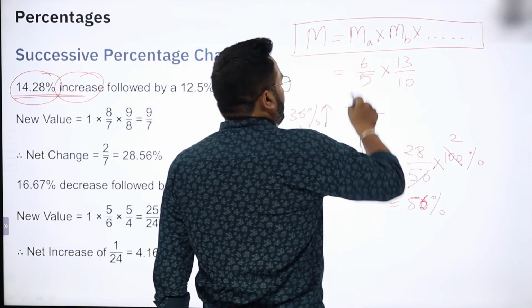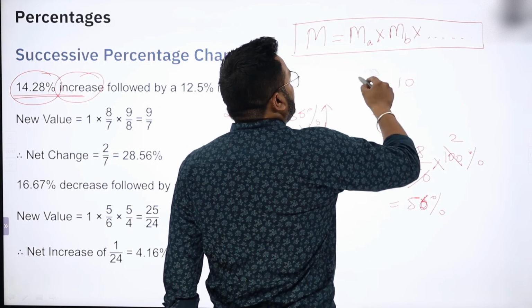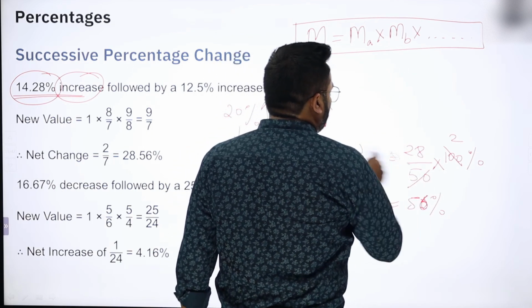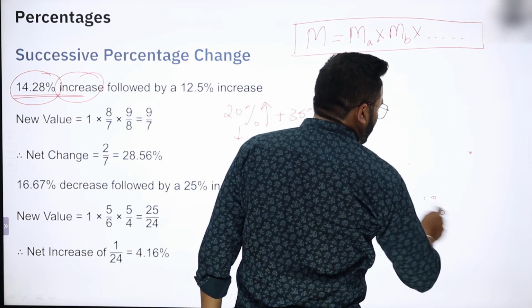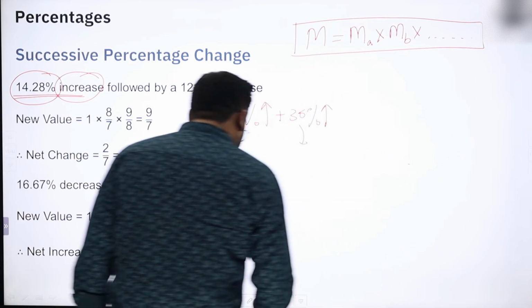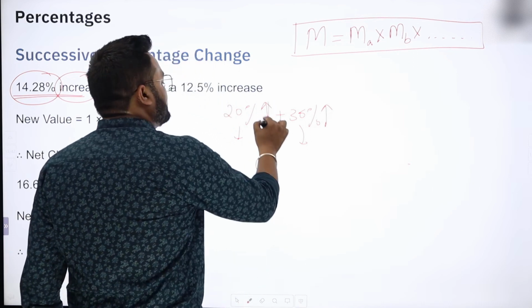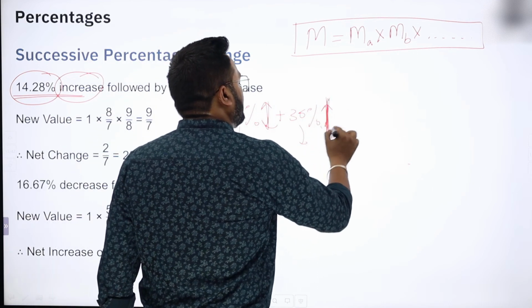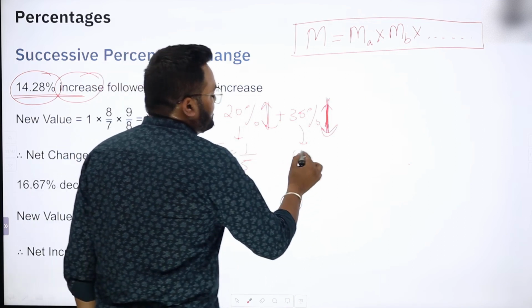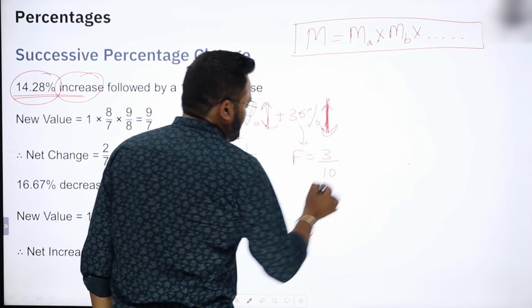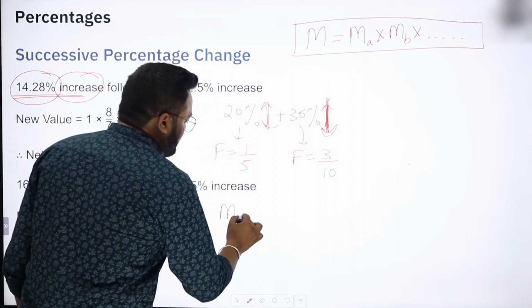So I will erase first, then I will apply this formula again for that second case where both percentages are decreasing. So when 20% decrease and 30% decrease, the fractional value is again 1 by 5. The fractional value is again what? 3 by 10.